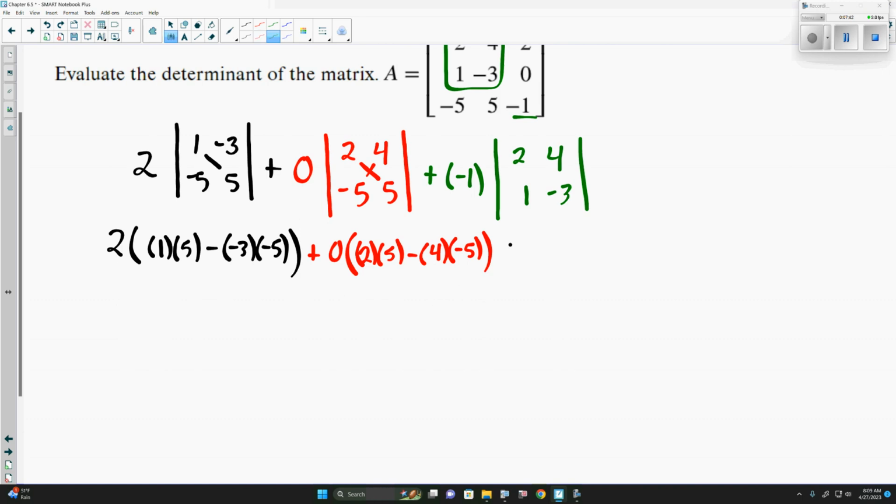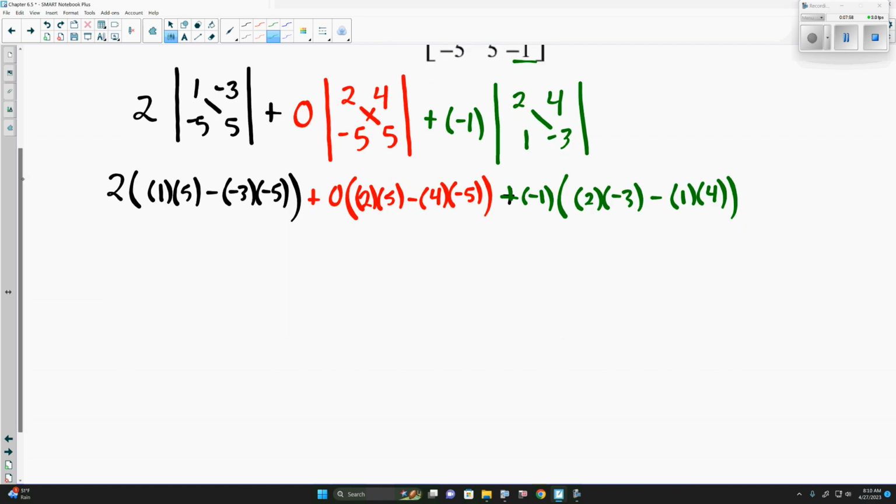And lastly, plus negative 1 times, we do our diagonals, 2 times negative 3 minus 1 times 4. Any questions on what we've done so far?